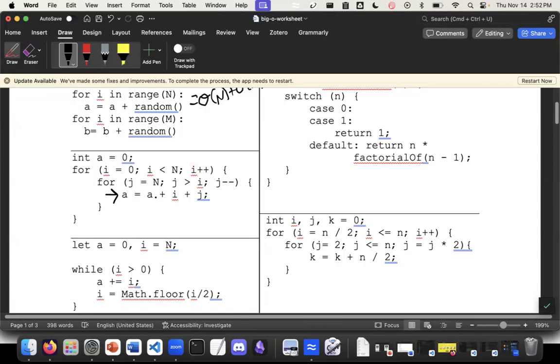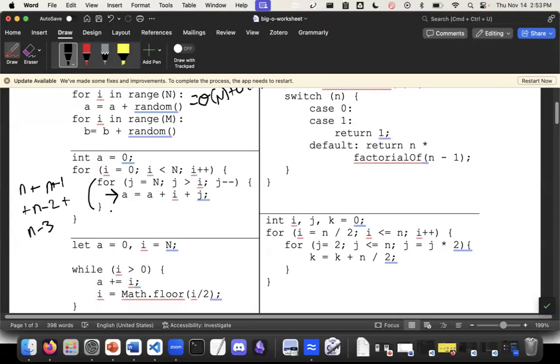Within this loop, it's going to happen n times, and then as i increases, it'll happen n minus 1, and then n minus 2, and then n minus 3. That's how many times this inner for loop happens.